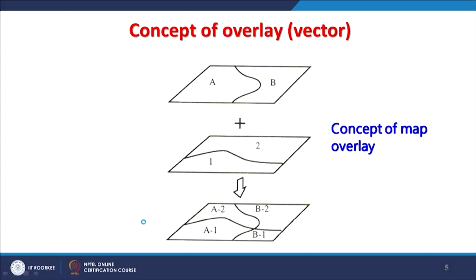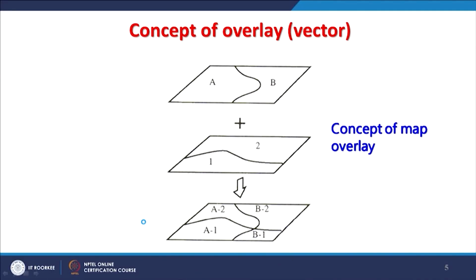Basically for overlaying operations, one very simple example is given here. On top we have one map belonging to a geographic extent, having two polygons A and B. For the same area we have another polygon layer having two different units, 1 and 2.